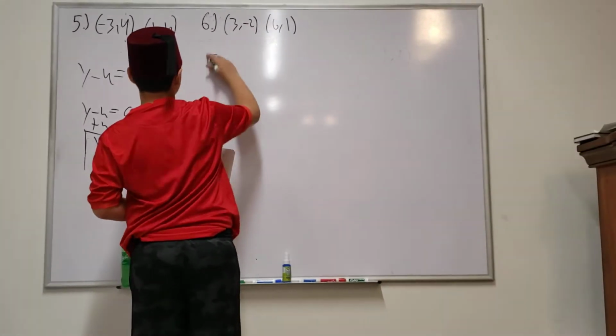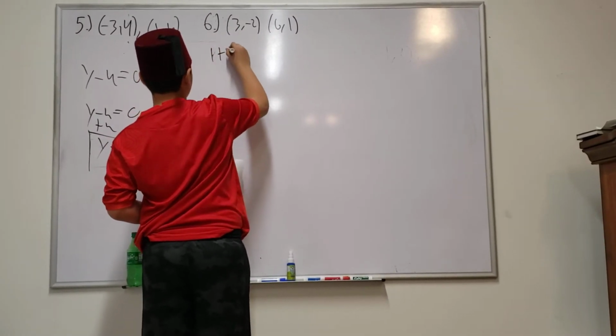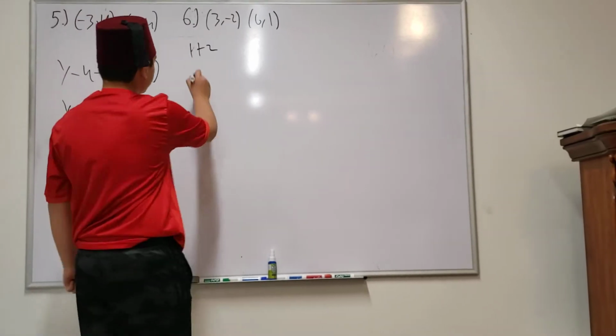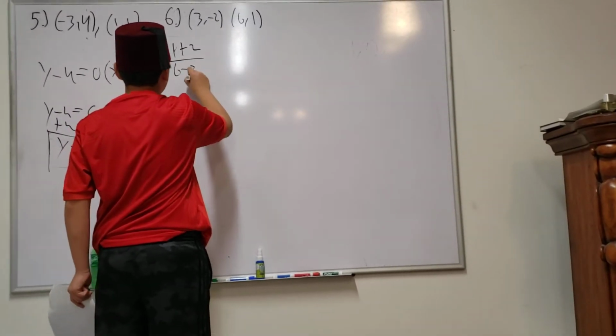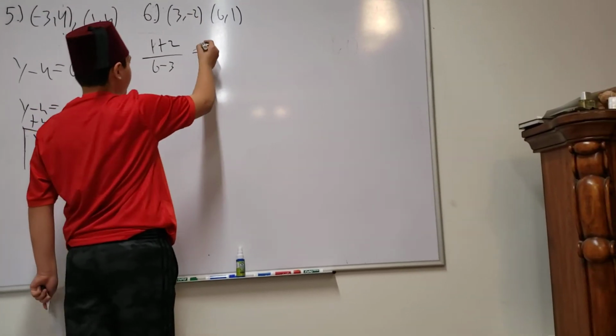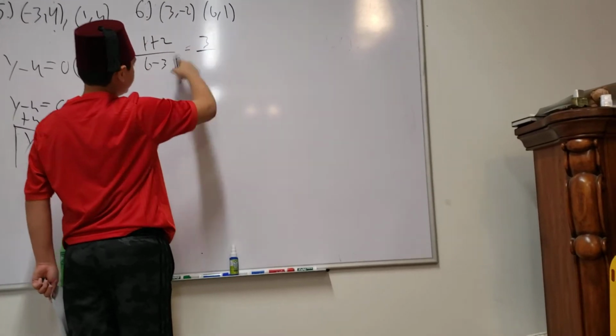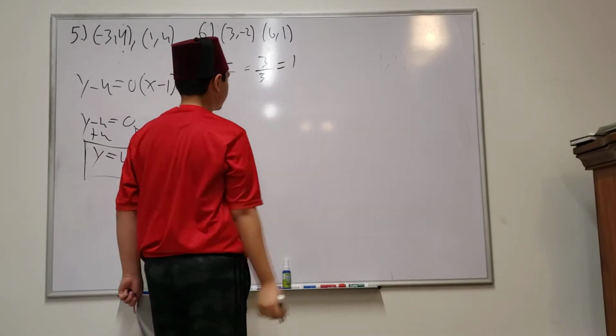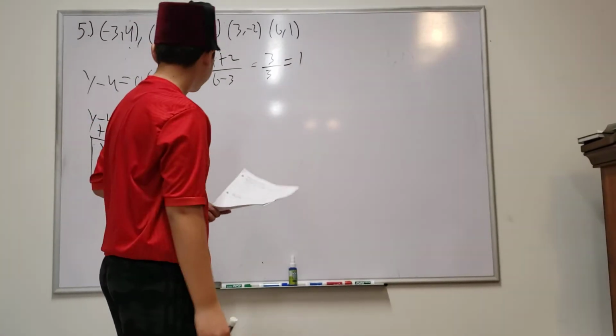So 1 plus 2, because 1 minus -2 is just 1 plus 2, divided by 6 minus 3. So you'll get 1 plus 2 is 3, divided by 6 minus 3 is 3. It gives you just 1. Okay, so that's your slope for this part.